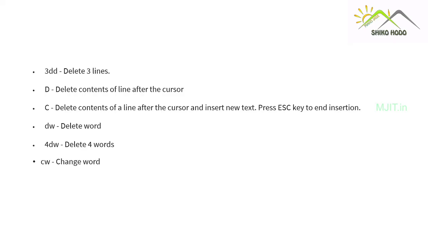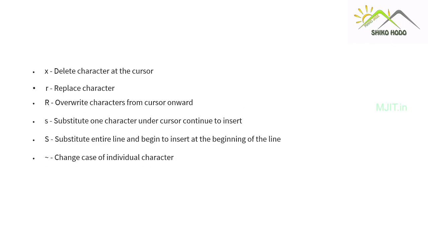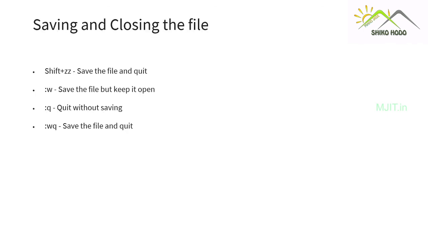See, these are the options where you can try to change a word, and the next for delete, or for replacing a character, capital R for overriding characters from the cursor onwards, substitute for a single letter, capital S for beginning the substitution, replacing the characters. The tilde symbol is used to change the case, capital to small, small to capital.